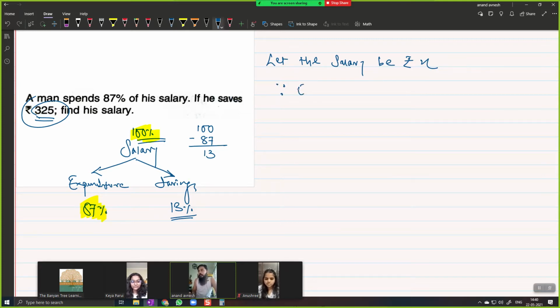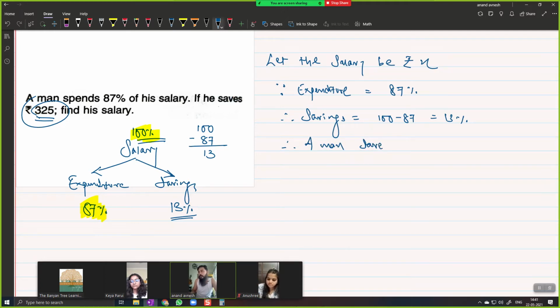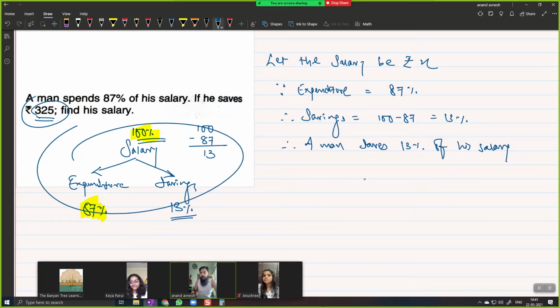Since expenditure is equal to 87%, therefore savings is equal to 100 minus 87, that is 13%. Therefore a man saves 13% of his salary, right? I wrote it in terms of statements.